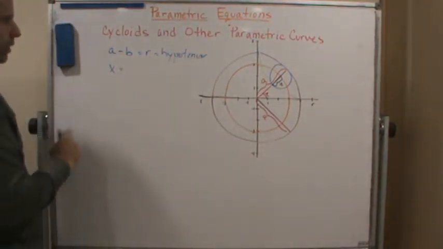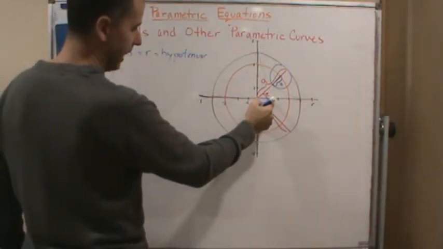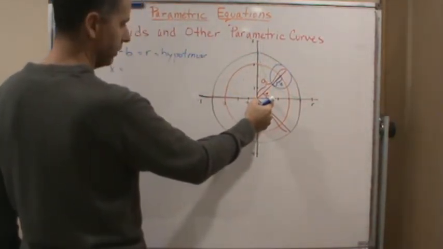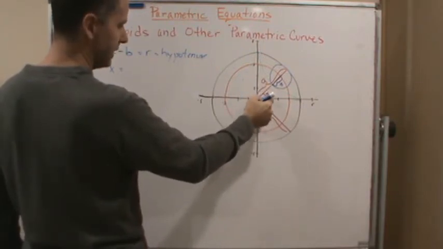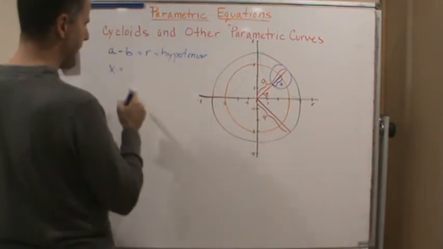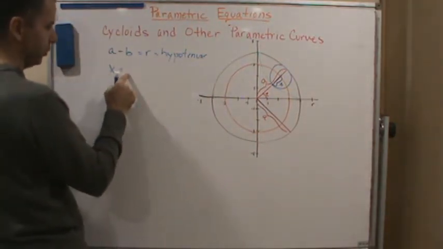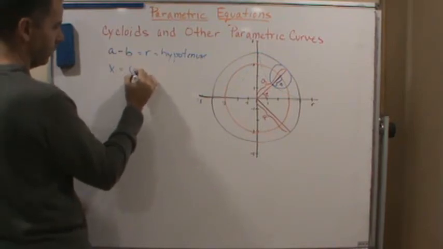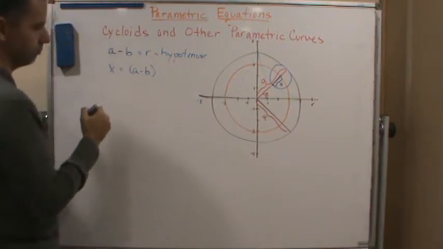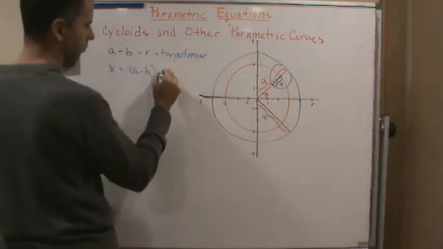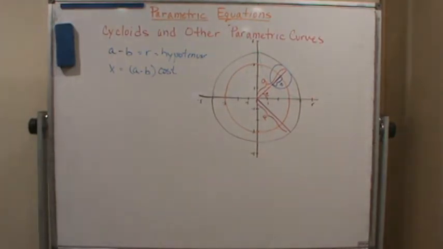Cosine t is the adjacent side divided by the hypotenuse, and we know the radius is the hypotenuse of the right triangle. So we can write x equal to (A minus B) times cosine t.